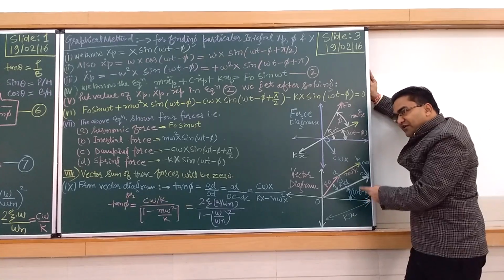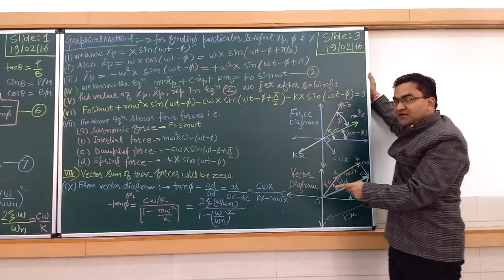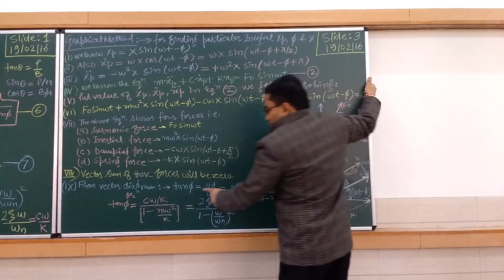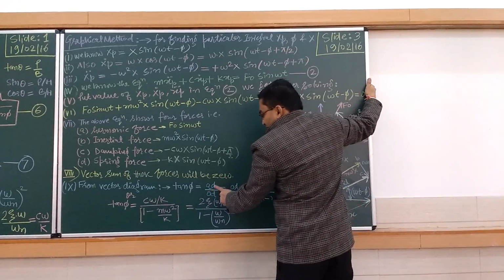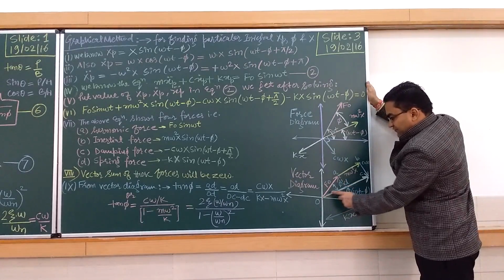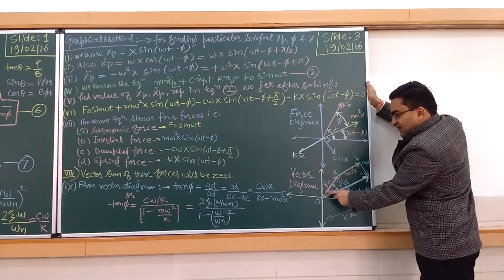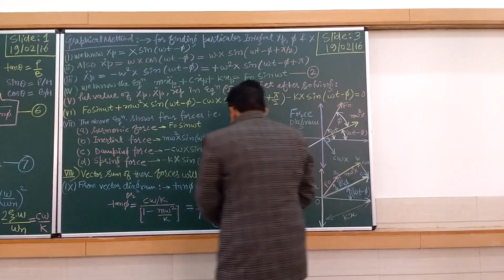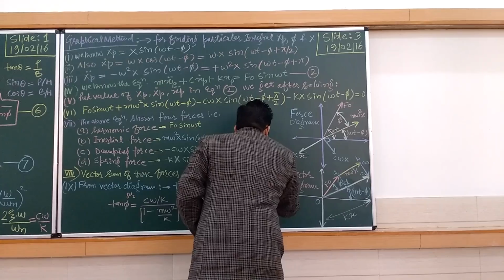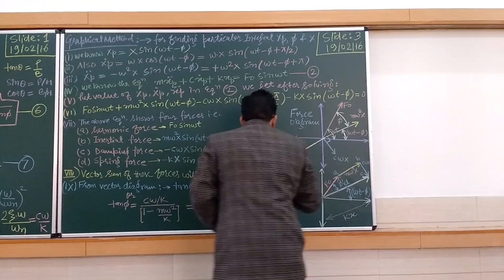First we will find tan phi. We know that tan phi equals AD upon OD, from triangle OAD.